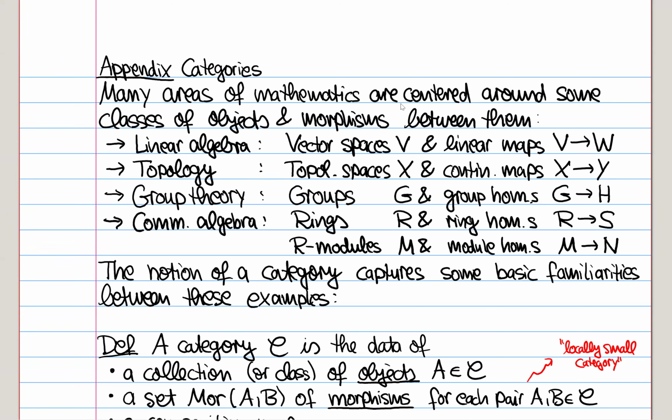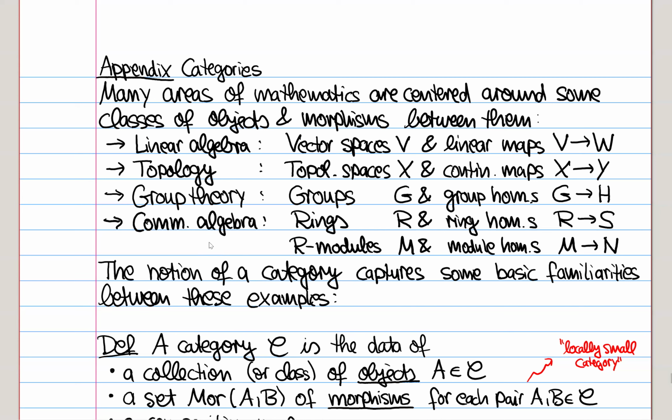By this I mean, for example, in linear algebra, you define the notion of a vector space, and then you start studying linear maps between these vector spaces. In topology, you have topological spaces and look at continuous maps. In group theory, you define what a group is, and then you define what a group homomorphism is.